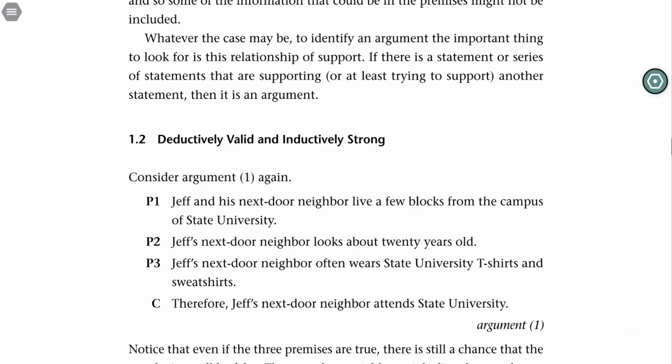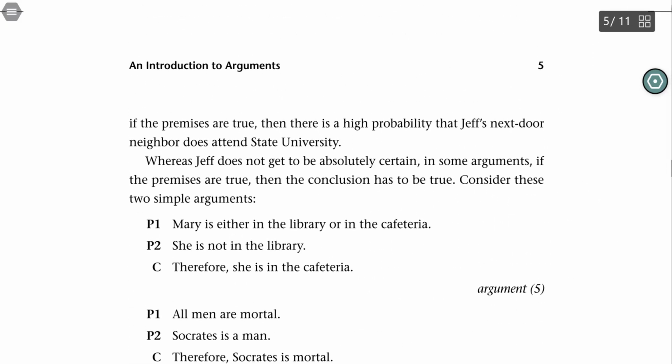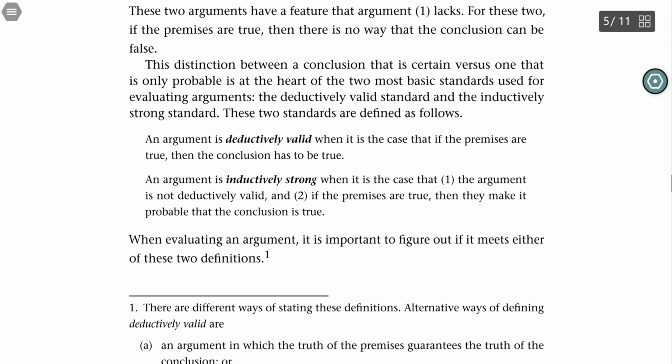So I'm going to start here in 1.2, and I want to go over both of these definitions, which are given on page 5. Okay, so we'll start with the definition of deductively valid. An argument is deductively valid when it is the case that if the premises are true, then the conclusion has to be true. Two things to note about this definition: we're just saying if the premises are true.